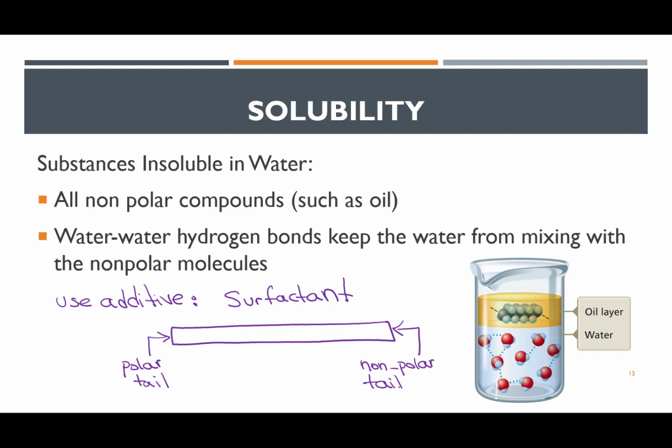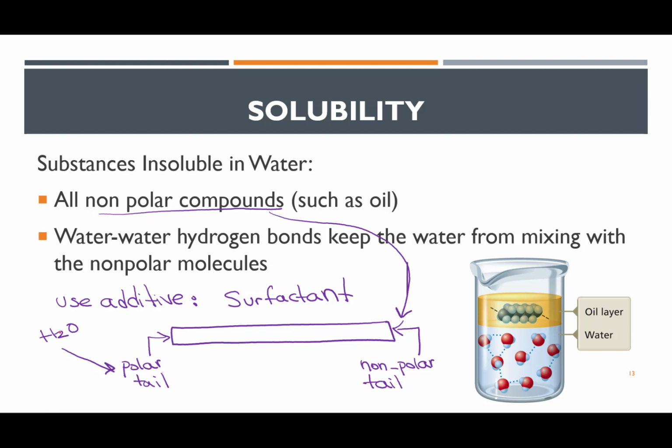Then what happens? The non-polar compound will be dissolved in the non-polar tail of the surfactant, and the water, which is polar, dissolves in the polar tail of the surfactant.